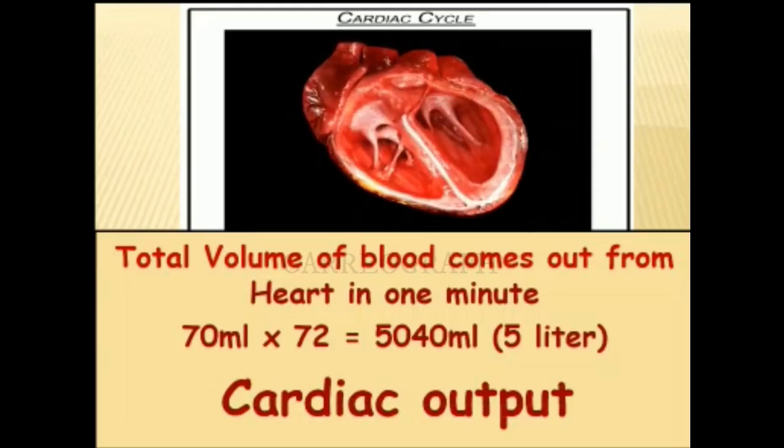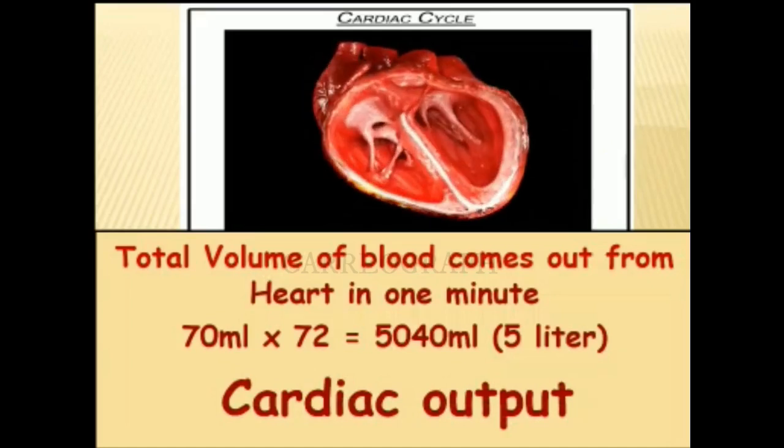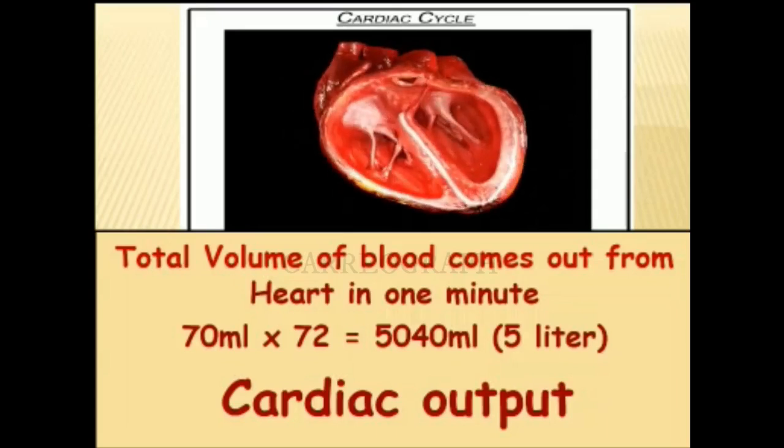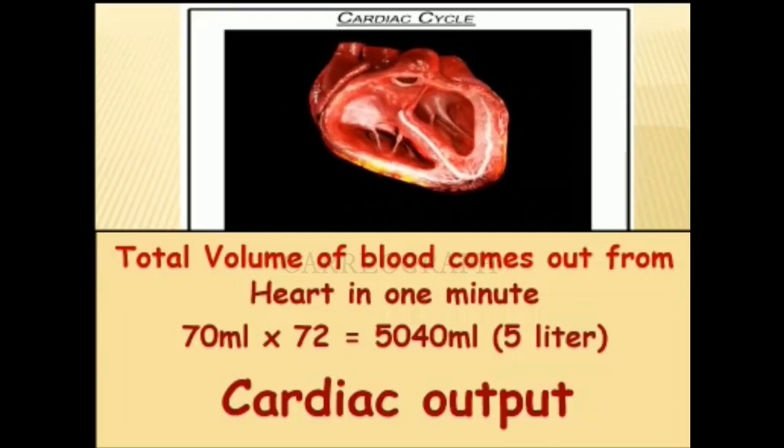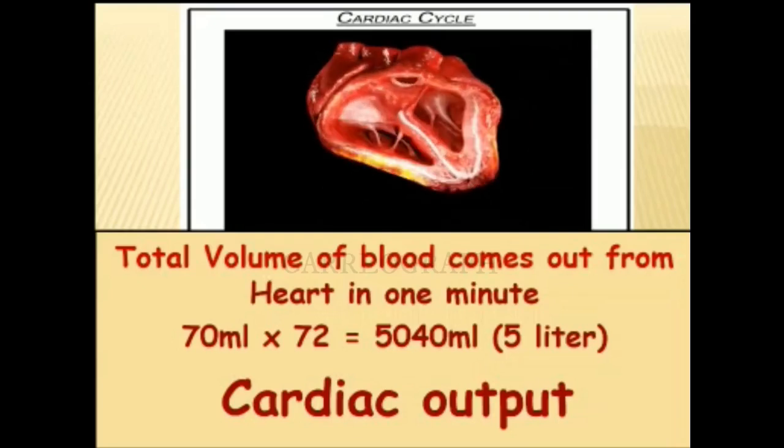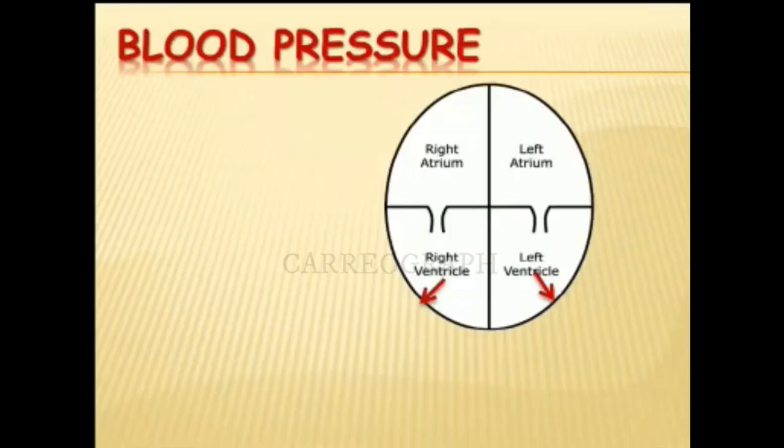Friends, we have seen that the stroke volume is the total volume of blood which comes out in one heartbeat, and the cardiac output is the total volume of blood which comes out from the heart in 1 minute. Friends, during systole the cardiac muscle contracts and blood goes out from the heart.